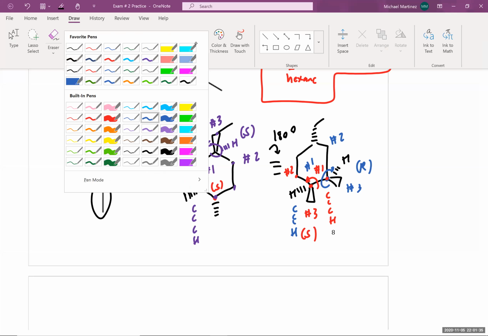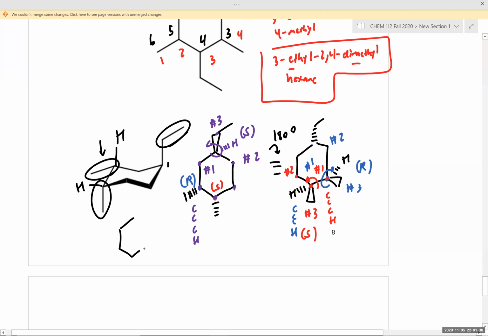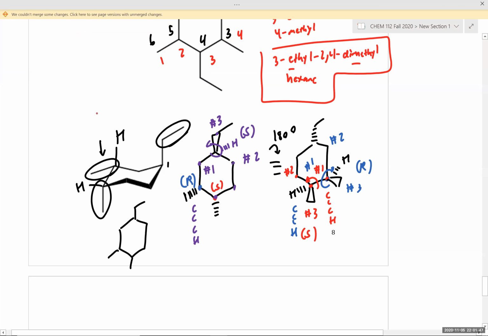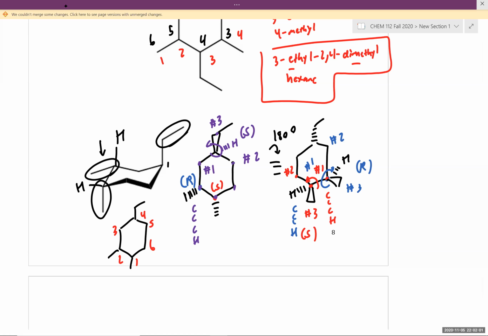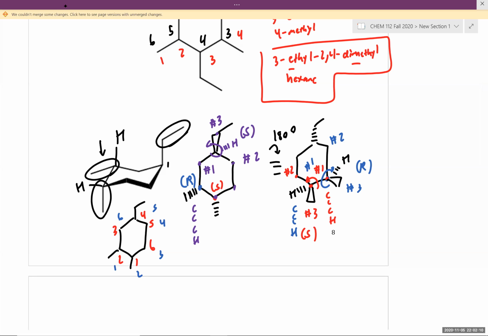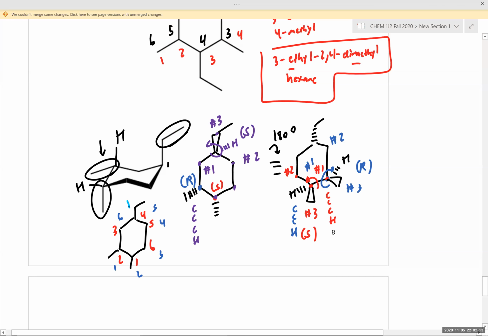Now let's figure out our locant numbers. If we compare ethyl and methyl, there are many ways of counting across this molecule. So let's look at all the methods that give us the smallest possible number. We can do 1, 2, 3, 4, 5, 6 in three different ways.